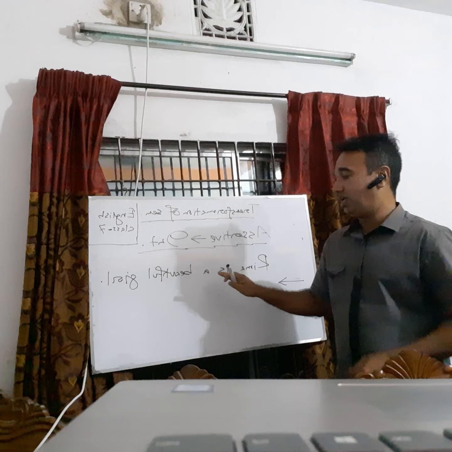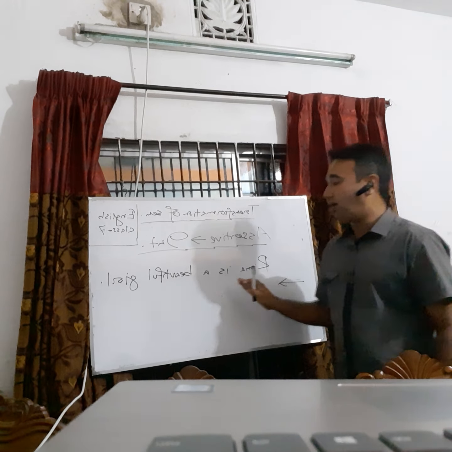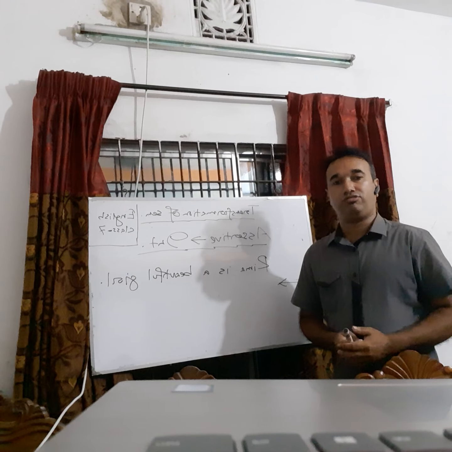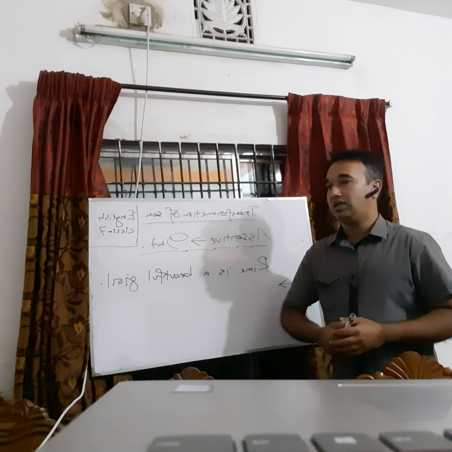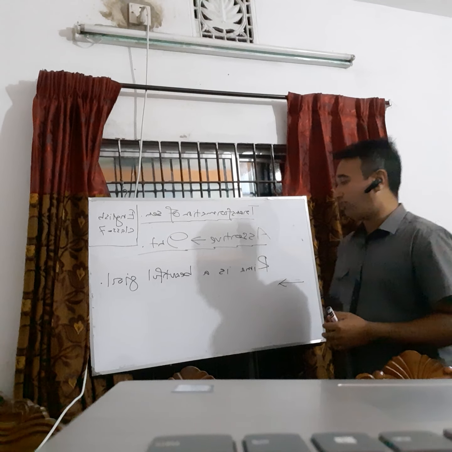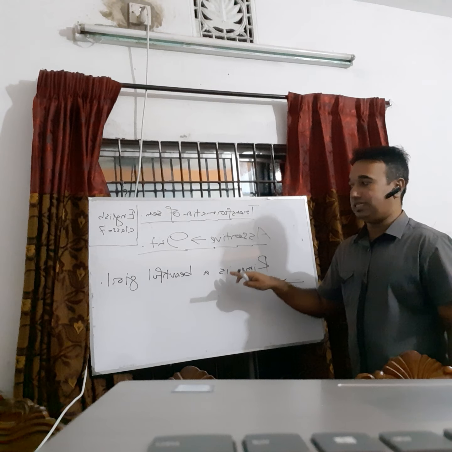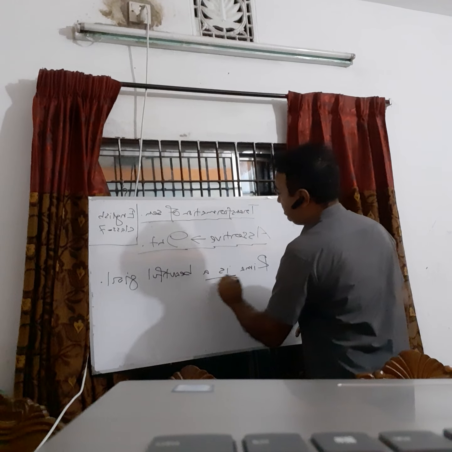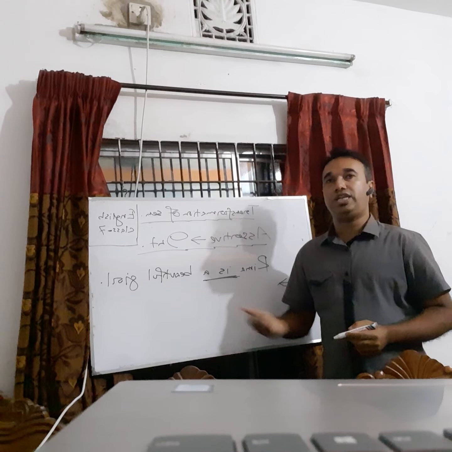Remember, if the sentence is affirmative, then you have to make it negative interrogative. And if the sentence is negative, then you have to change it only into interrogative. This sentence is affirmative. This is a positive sentence. So we will change it into negative interrogative.